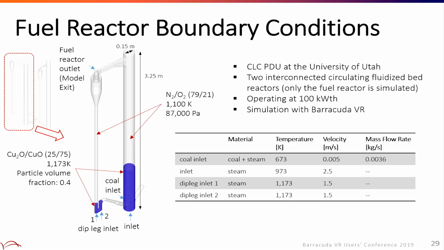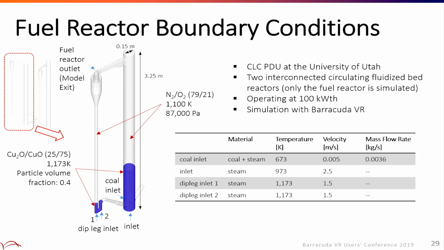So now we can look at, for example, impacts of coal. Different coal has a different composition, so we can certainly evaluate that. For that, going back to the chemical looping combustion system, University of Utah is developing a so-called chemical looping combustion process development unit.